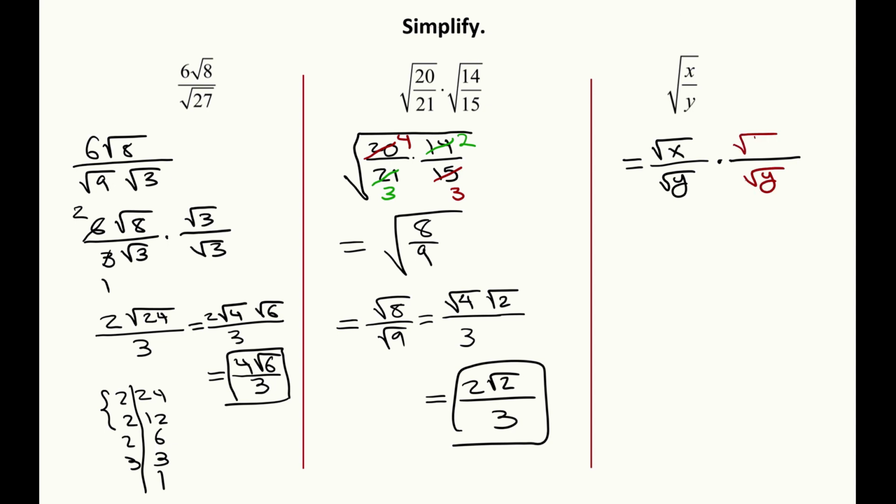So don't forget to do the same on the top. And now we're going to end up with the square root of xy on the top. And downstairs, square root of y times square root of y, as you know, is just y, and that should do it for that one.